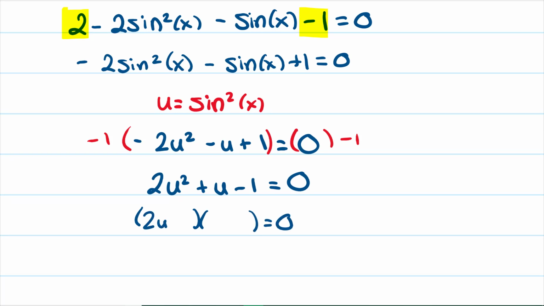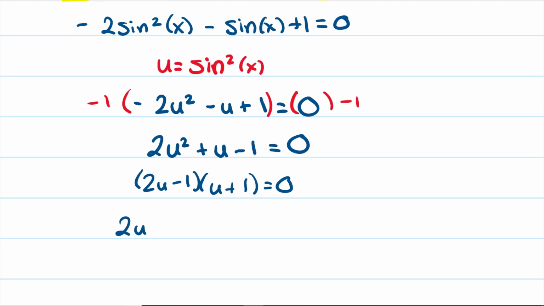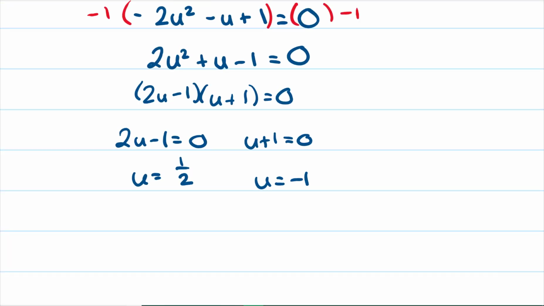So I get 2u, a u, a 1, and a 1, a plus, and a minus. So now I set both those equal to 0 using the zero product property. And I get u is 1/2, and u is negative 1. So here I get sine of x is equal to 1/2, and sine of x is equal to negative 1.